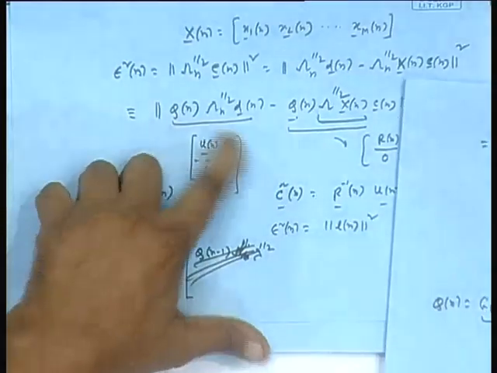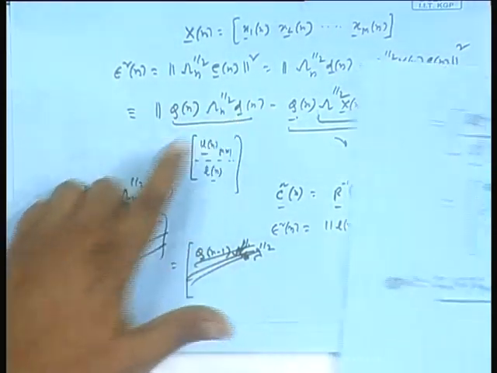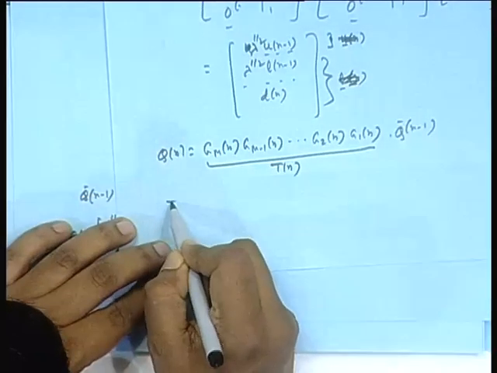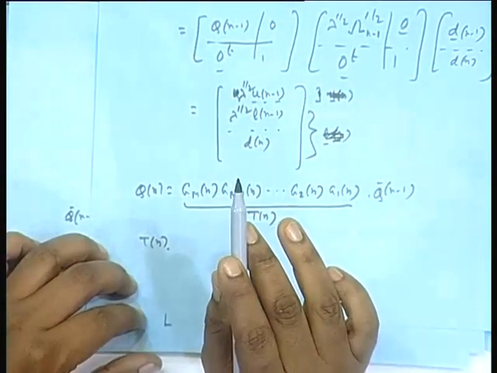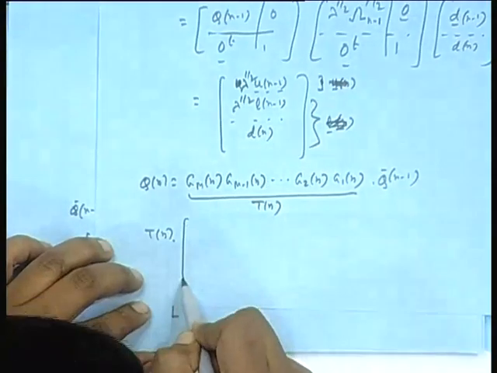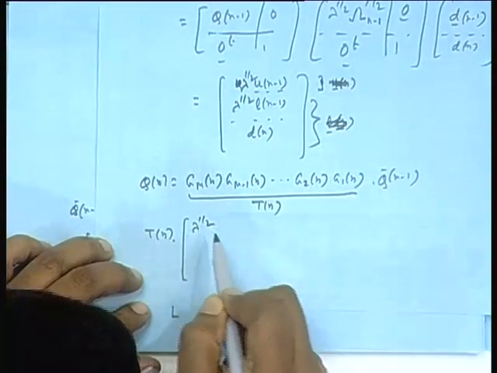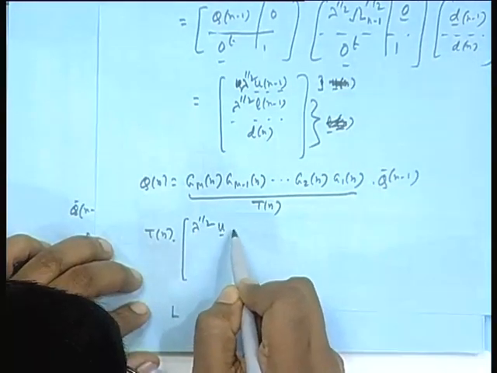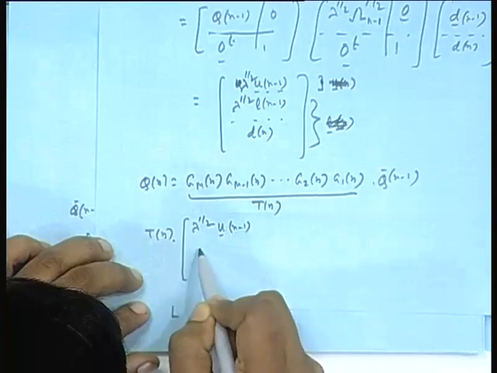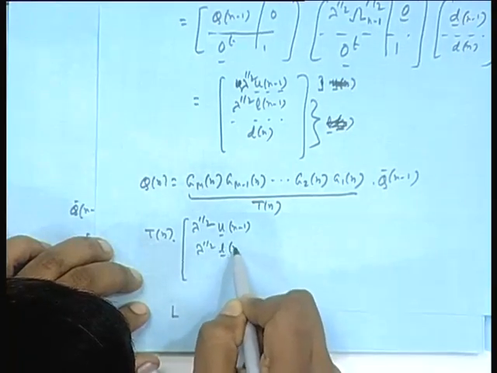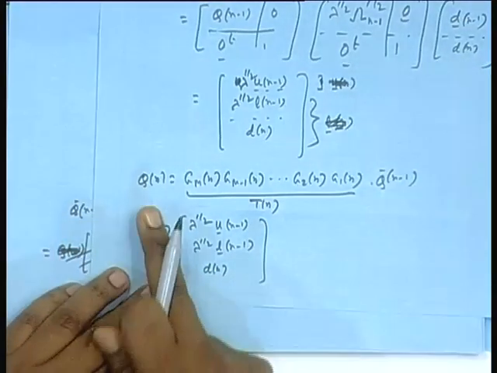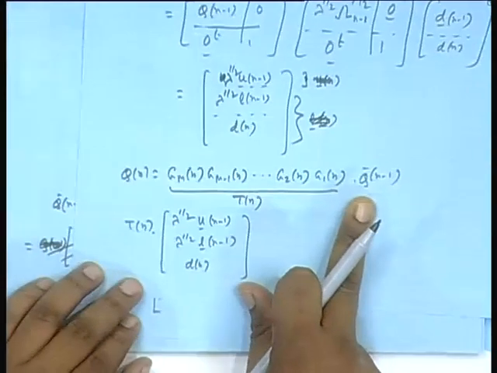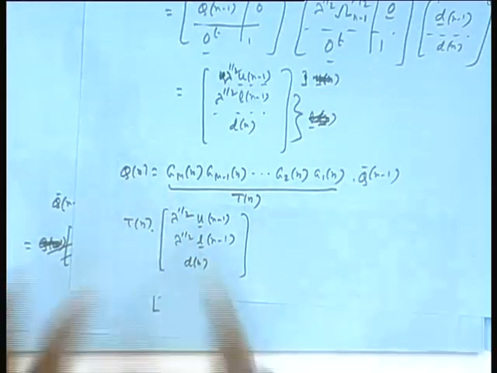So, that means this vector now I have to find out, I can find out, this is T n times this guy, T n times. So, remember I am not bothered about q bar n minus 1, please see here also I am not bothered about q bar n minus 1 or q n and all that.